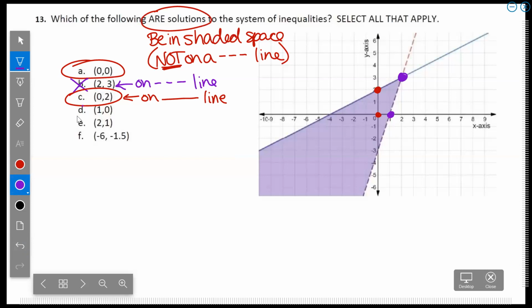On a dashed line. 2, 1. No, why not? It's not in the shaded region. -6, -1.5. Yes.